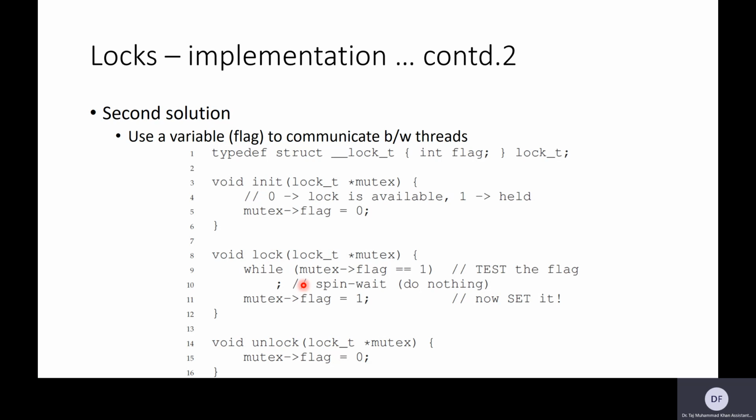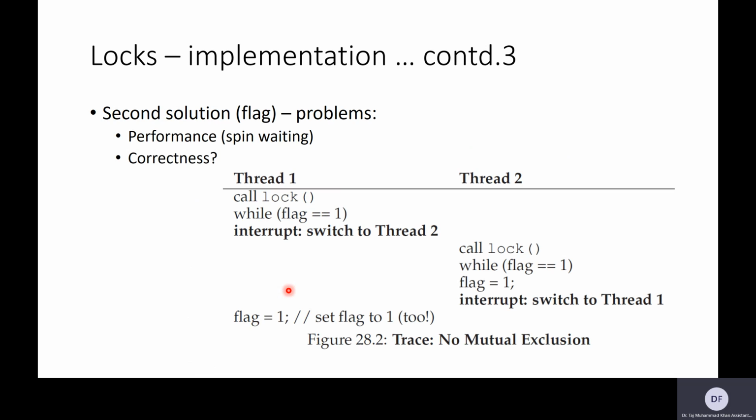If it is allotted a quantum to run, it will use its full quantum while doing nothing. So it will waste CPU time, and if you have hundreds of threads waiting for locks, they will be wasting a lot of useful CPU time doing nothing. So on the performance front also it has issues. So this was our second implementation, which also failed us.